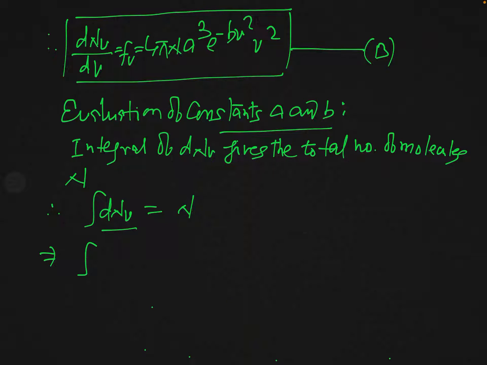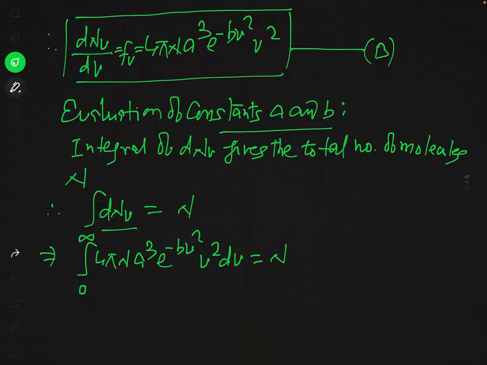This is the integral of 4 pi n a cube e raised to the power minus bv square times v square dv, and this will be equal to n. Since here integration is with respect to v, the limits for v will be 0 to infinity, because according to the assumption of the kinetic theory of gases, you have seen that the speed of a molecule of a gas varies between 0 and infinity.